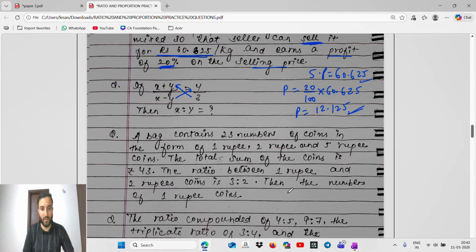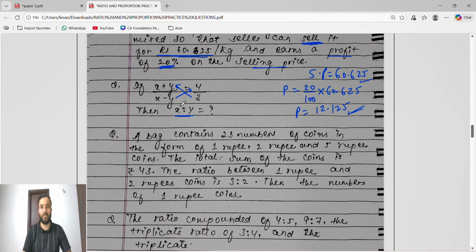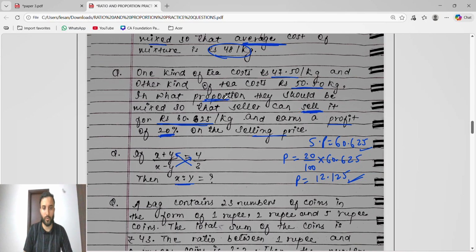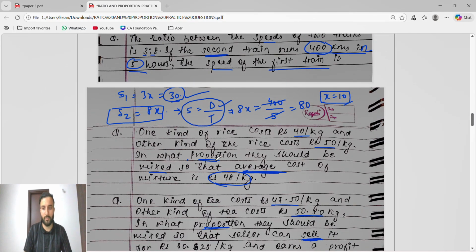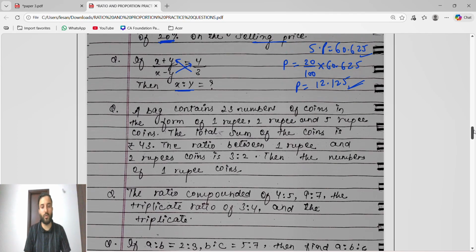What we have to find is x is to y. Again a ratio came, which means this is a ratio and proportion question, guys. Here the word proportion appears. While solving I will tell you how to identify which chapter a question belongs to, because in the examination they may mix and jumble the questions, so you should not get confused about which chapter it is. If the ratio is given in the question, or they write proportion, use the ratio and proportion concept.